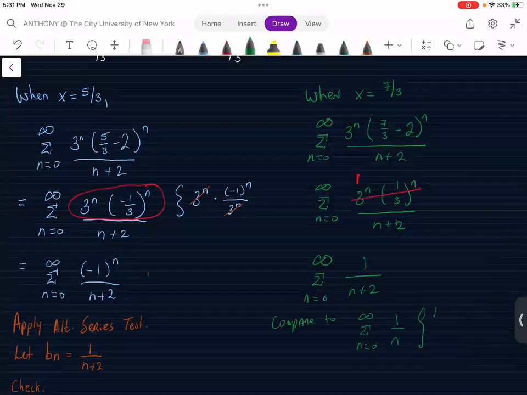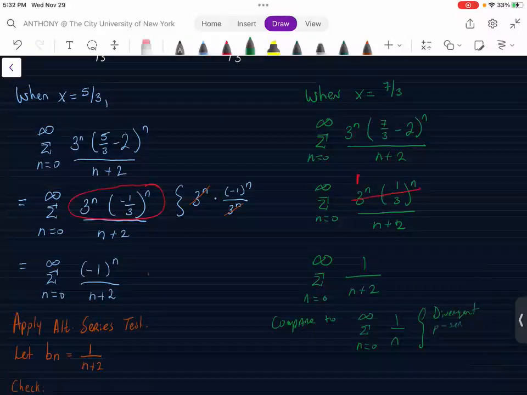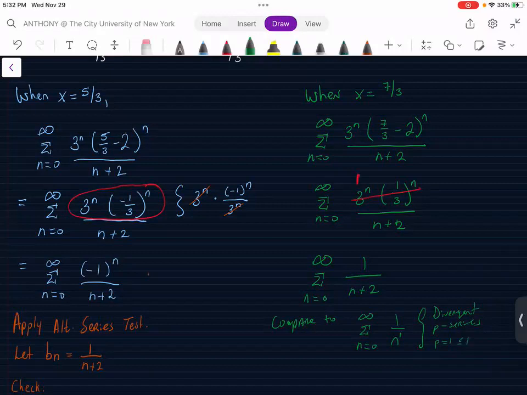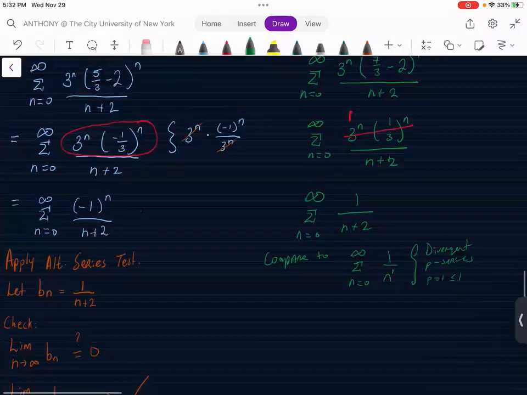We know that this is a divergent p series. It's the harmonic series, where p, the exponent, is equal to 1. So if you do a limit comparison and the limit exists, then you know that they both diverge. So compute the limit.